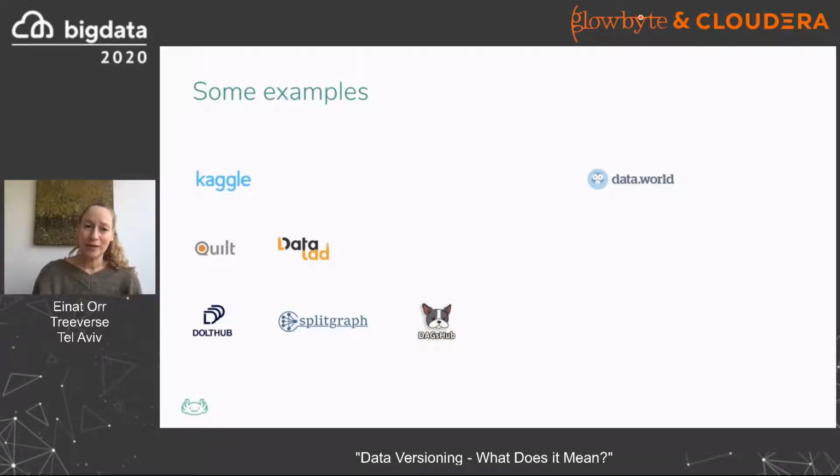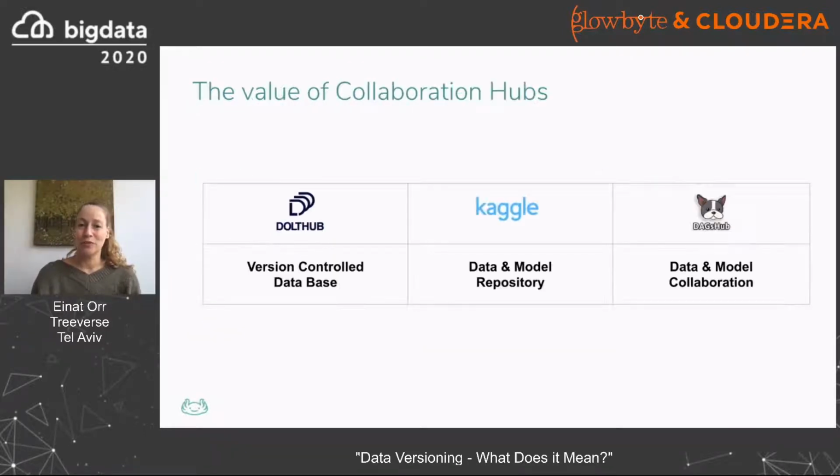If we want to really look at the spectrum that we cover here, so collaborating over data, if I start from the left-hand side, would start with Dolt Hub, which is actually a technology. They do not hold any data by themselves.